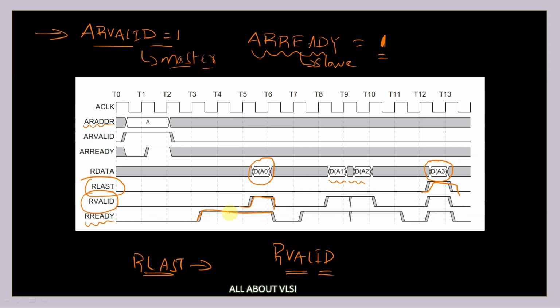That means the master is ready for accepting the data items from the slave, and whenever R ready is equal to 1, your transaction has been completed by the master and the slave is allowed to change the data. Here also you can see the master is ready for accepting the transaction and it has successfully completed it. So this is how your master and slave perform a read operation, and this is how we read the data from the slave.